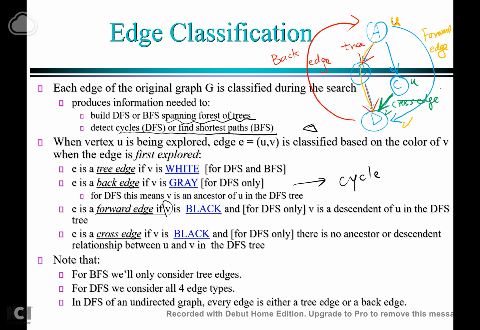That makes sense, right? The forward edge corresponds to a vertex connecting with its own descendant, and the back edge corresponds to it connecting to its ancestor. And the cross edge corresponds to vertices directly connected, but there's no descendant or ancestor relationship, and they come from different branches.